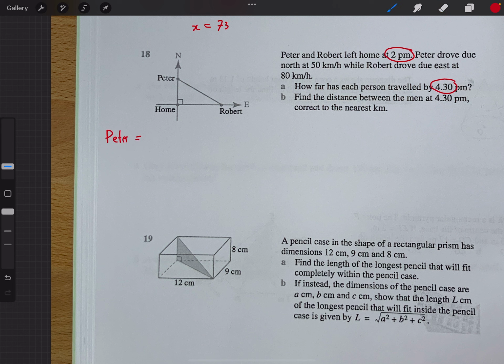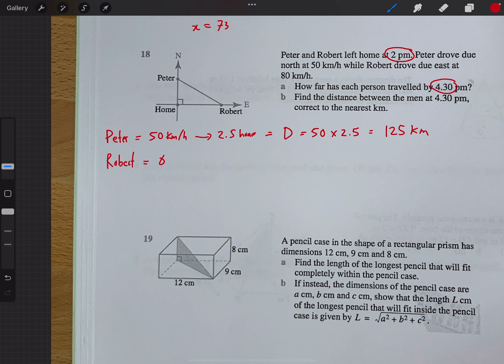Now, Peter drove at a speed of 50 kilometers per hour, and he drove for 2.5 hours. So to find his distance, we do 50 times 2.5. Just get the calculator if you want to. You're going to get 125 kilometers. Now let's look at Robert.